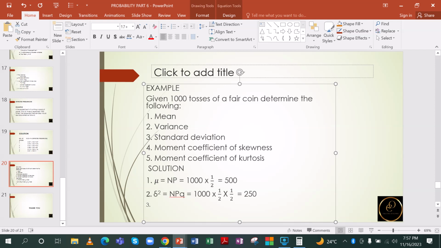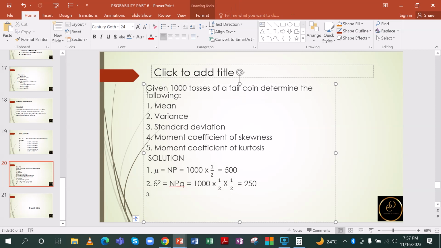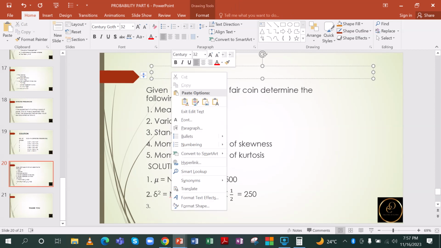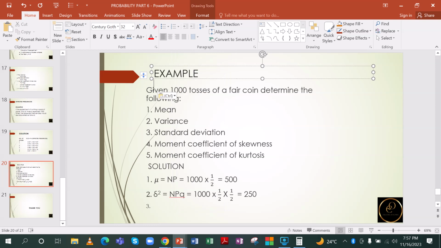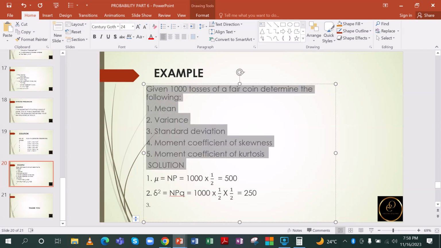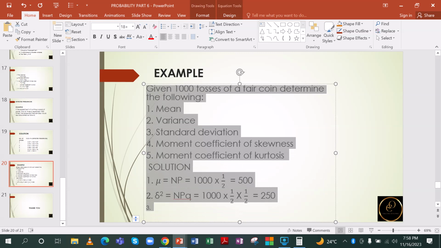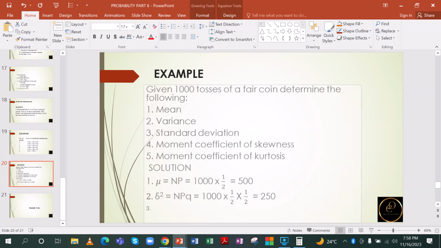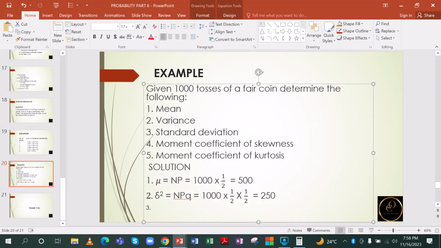You are told that it's an example. Let's put this one. You able to see something?